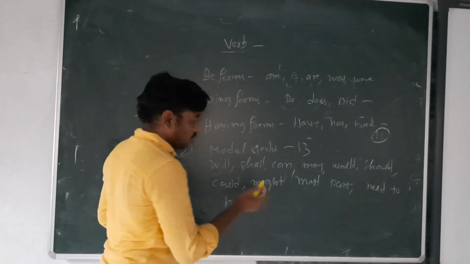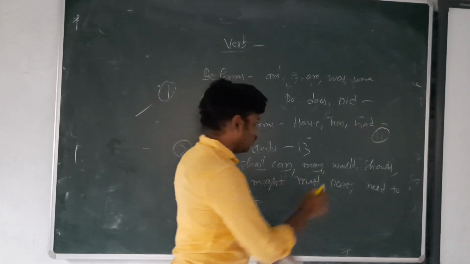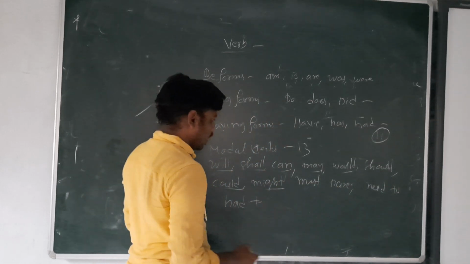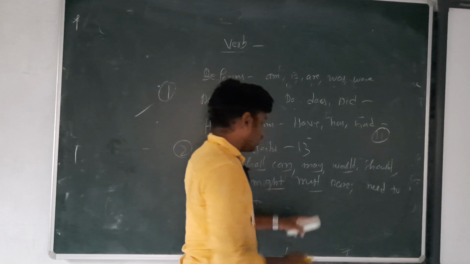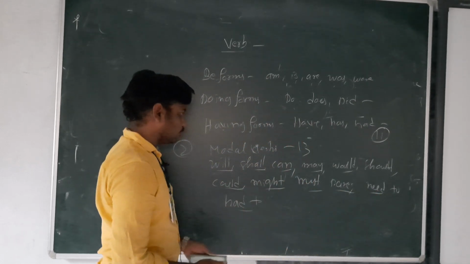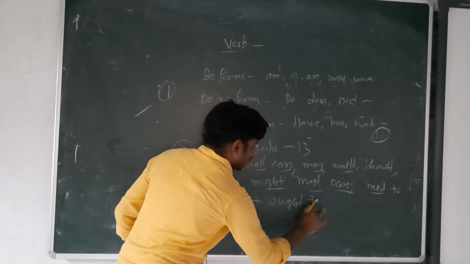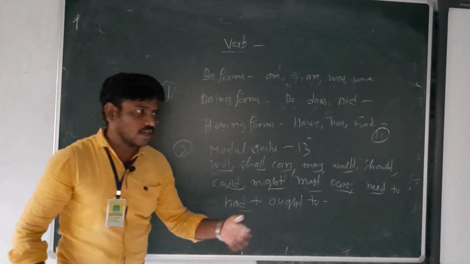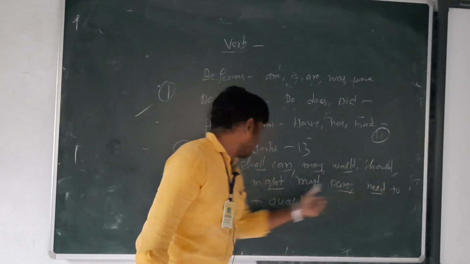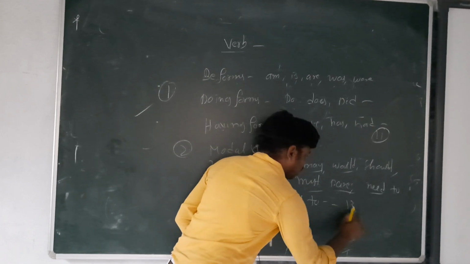Now let us count: will 1, shall 2, can 3, may 4, would 5, should 6, could 7, might 8, must 9, 10, 11, 12, ought to. Once again let us count: 1, 2, 3, 4, 5, 6, 7, 8, 9, 10, 11, 12, 13. These are called modal verbs.